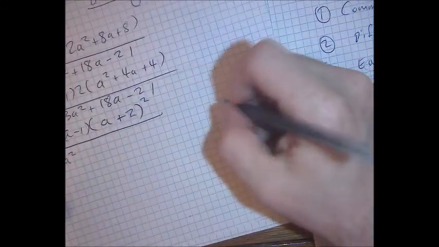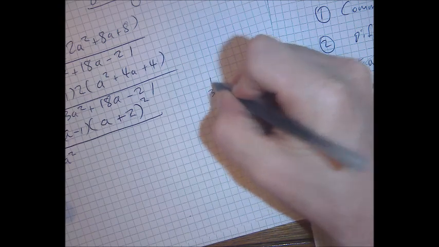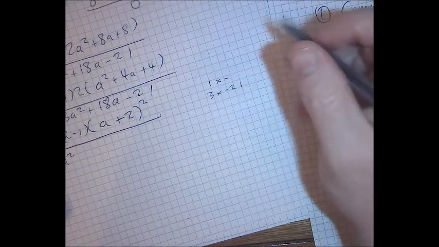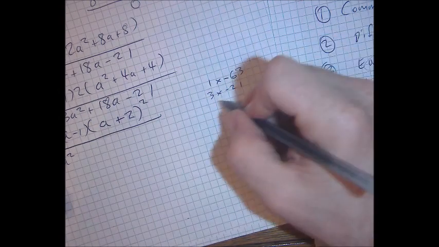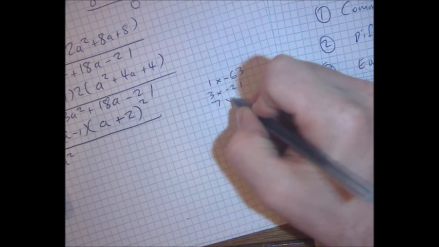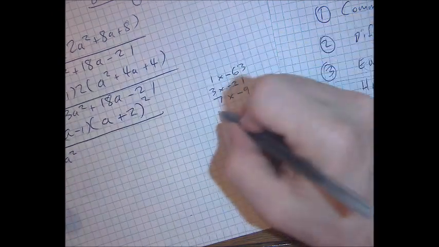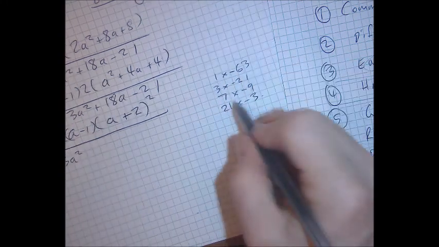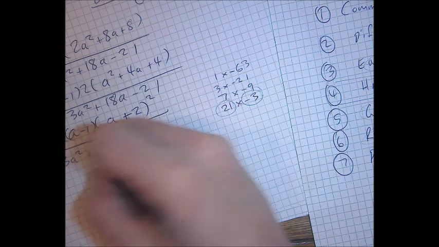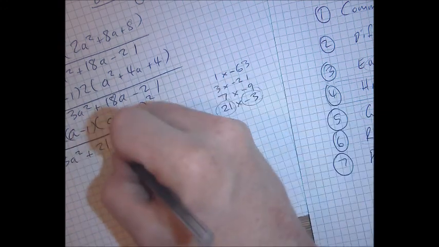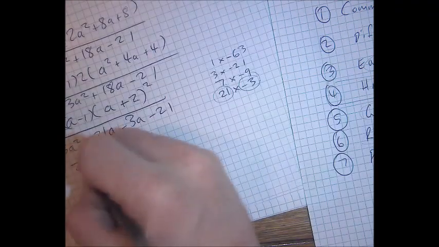So negative 63 can be 3 times negative 21, or 1 times negative 63, or what else could it be? 7 times negative 9. 21 times negative 3. Oh, in fact, there it is. That's the one we want, because that plus that gives 18. So we're imagining the 18 came from 21a minus 3a, and now we're good to use the 2 pairs method.